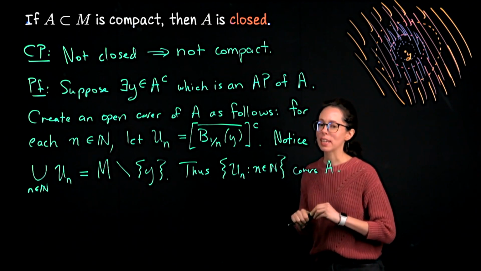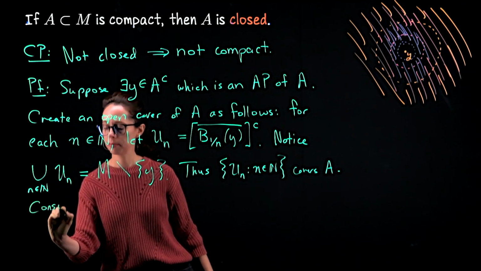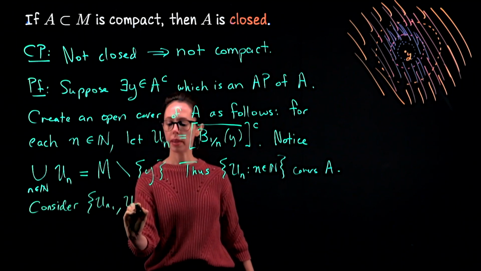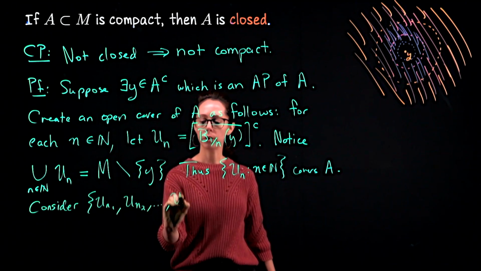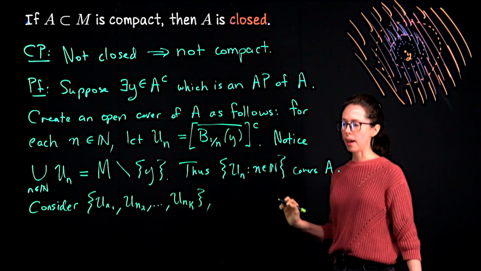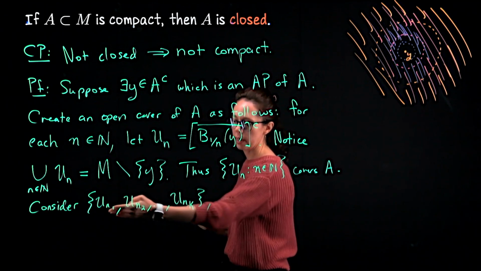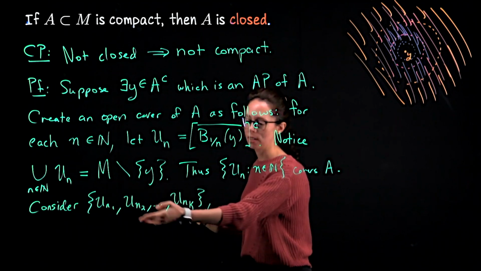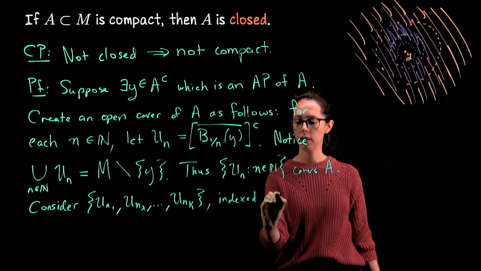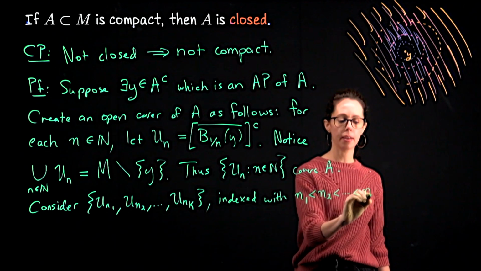Okay, what I'm going to say is consider a finite subcollection. So consider u sub n1, u sub n2, all the way through u sub n capital K. And since I have a finite set indexed with natural numbers, these are ordered so that n1 is less than n2 is less than nk.